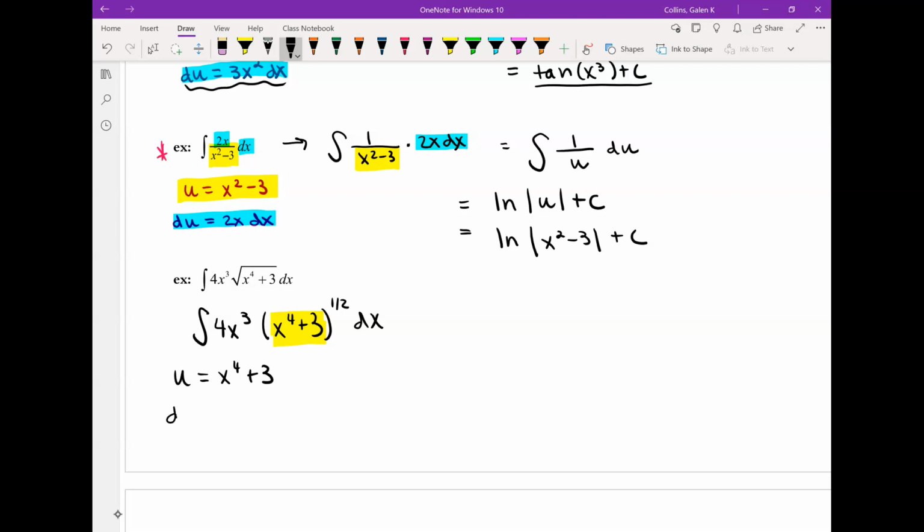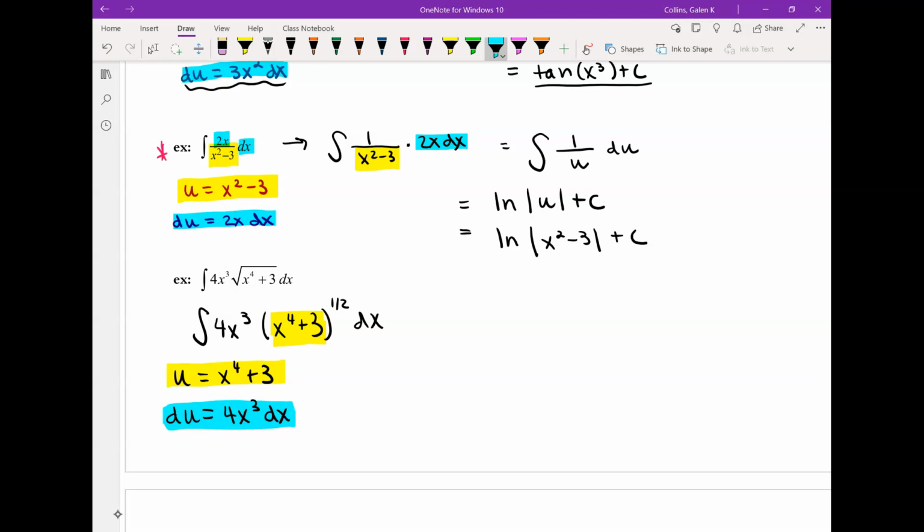When I take the derivative, my du is going to be, I'll take the derivative of x to the 4th for 4x cubed. The derivative of 3 is 0. And remember, this gets the times dx. So that's what u equals, and this is what du equals.